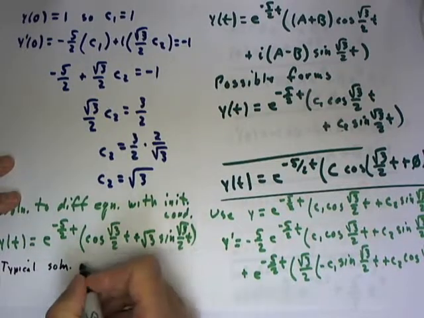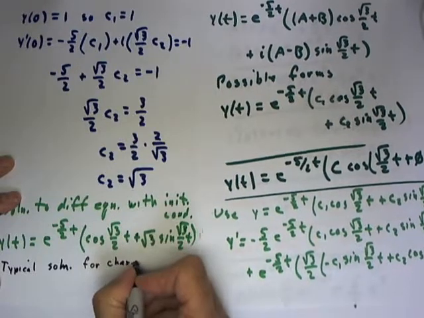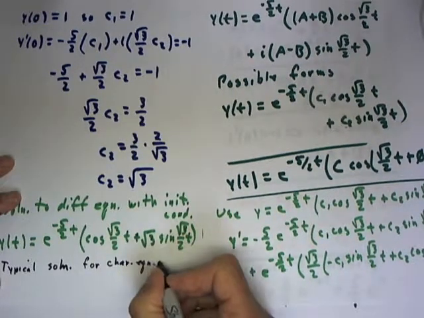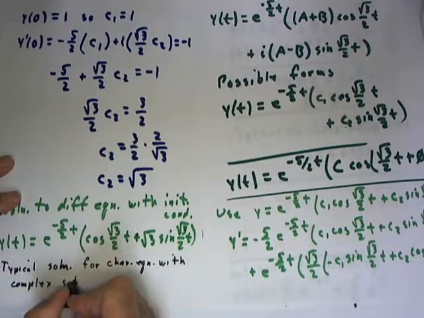So we're going to say that's a typical solution for a characteristic equation with complex solution.